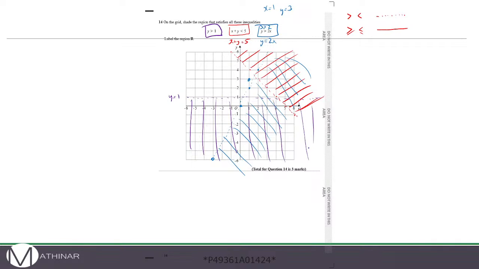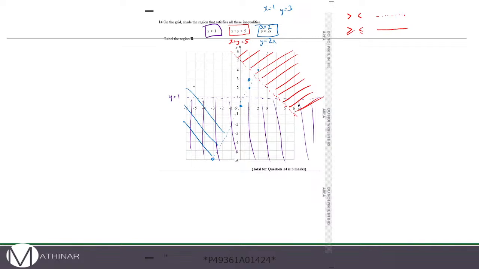Now, there's either a mistake in the question here. I think there's a mistake in this question because we don't have a region that's left. So the answer should be like a simple region like this.